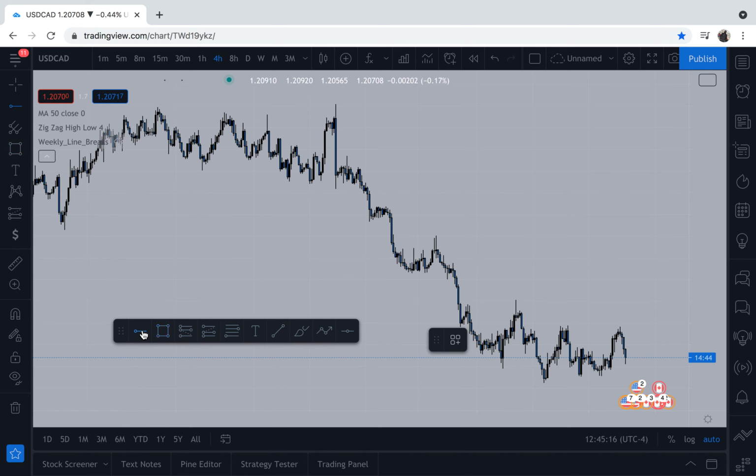The market can either consolidate, just come back and forth within a range, either accumulation or distribution, whatever have you.